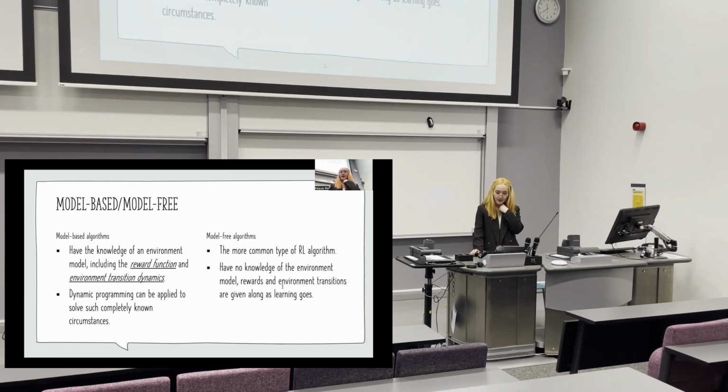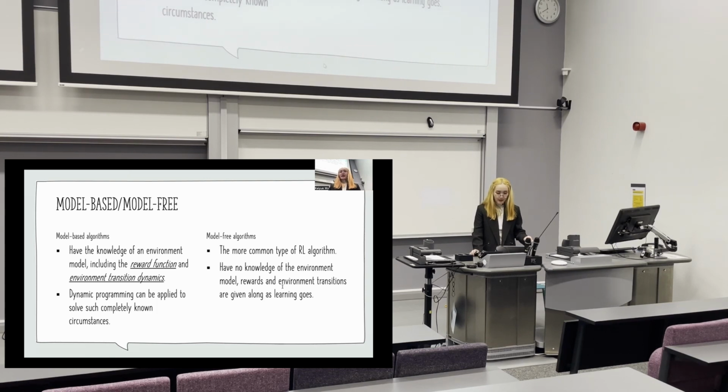The third pair is a concept of model-based or model-free algorithms. By model, we mean the environment model, which includes two parts. The first one is a reward function. The second one is the environment transition dynamics.